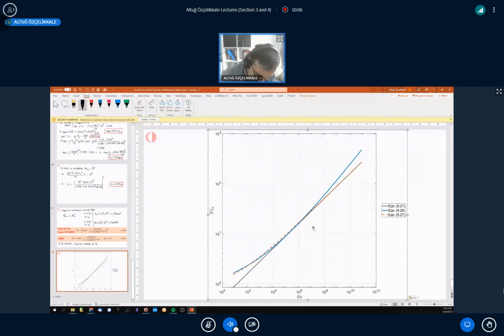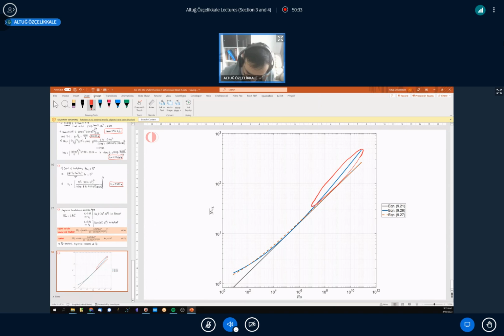First observation is that as we go towards 10 to the power 9, actually a little less than that, around 10 to the power 7 and 8, we see a deviation of the blue curve upward. And that's true because this is accounting for the enhancement of heat transfer due to turbulent flow, right?